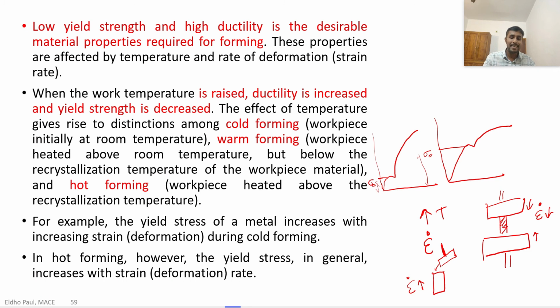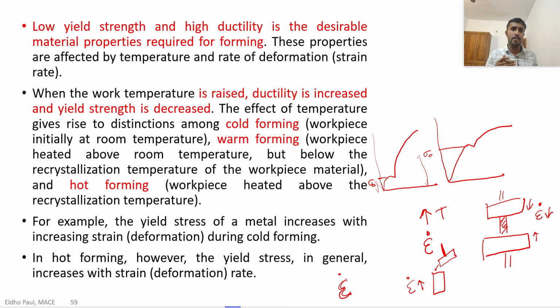So this strain rate is very important, which affects the metal flow. If the strain rate is very low, we can deform the material to a very large extent without any fracture, and that is called superplasticity of the material. You may study superplasticity in the metallurgy and material science class.